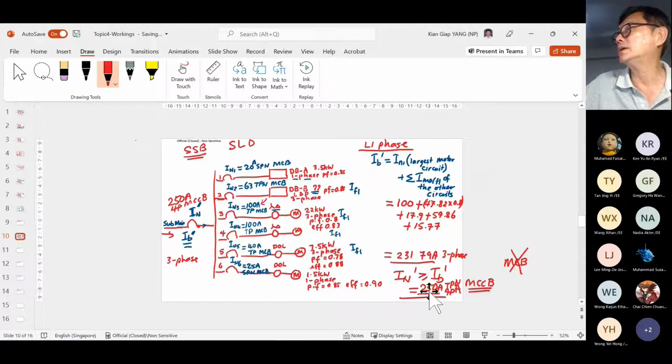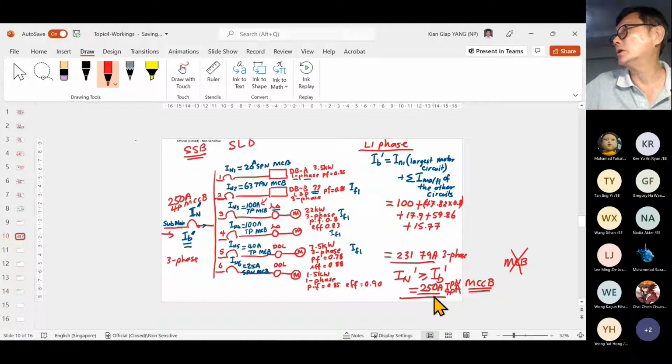I go and choose 200 here. Then what happens? Somewhere in the operation of this switchboard, it is going to trip, because the current will be overload. So if we choose the next lowest, we'll have more tripping, and then somebody's going to scold me, right?